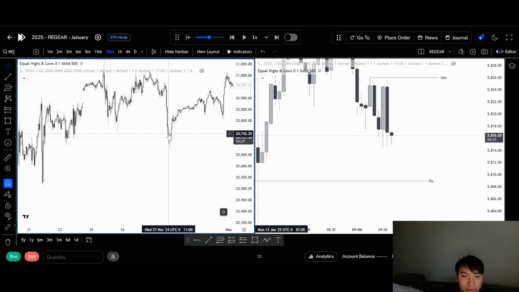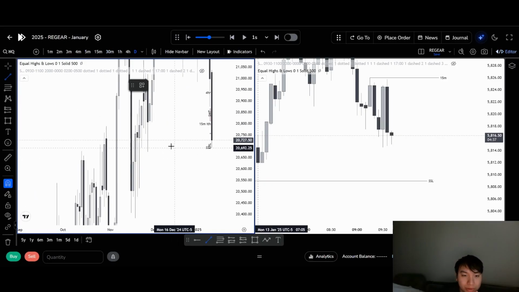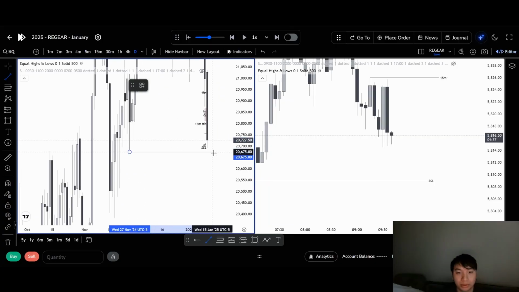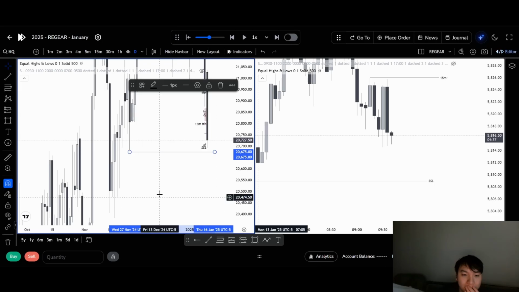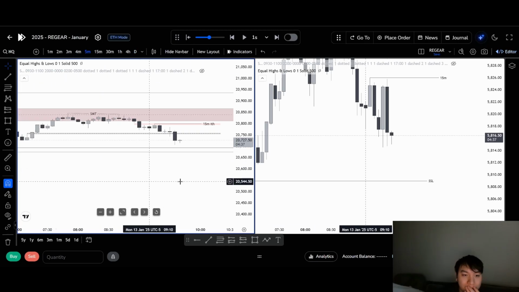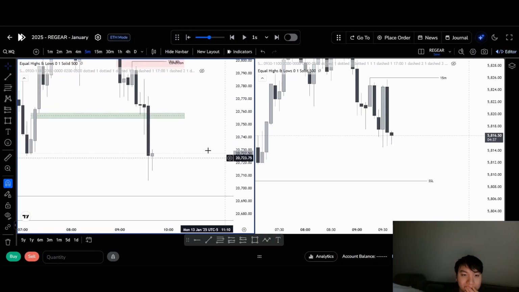I mean, we could. This is like previous week low or something. We could target this one too. I'll just say previous week low or whatever, right below it.